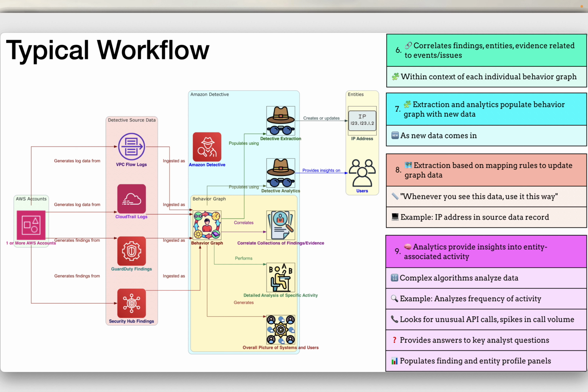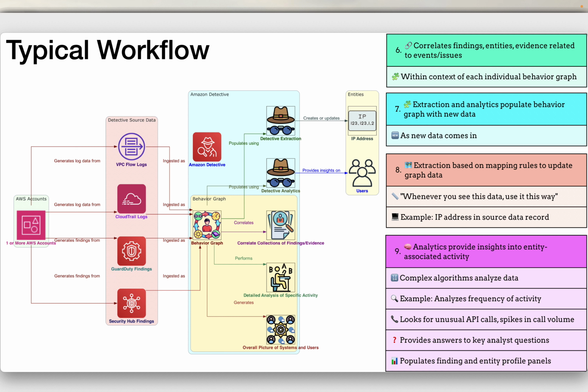So next one is analytics, which are more complex algorithms that analyze the data to provide insight into activity that is associated with entities. For example, one type of detective analytic analyzes how often activity occurs by running algorithms.